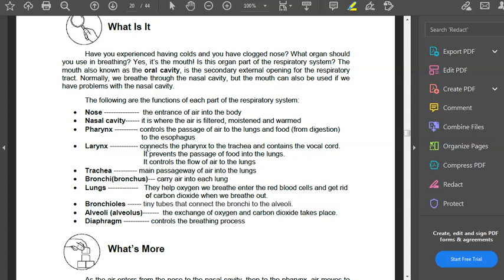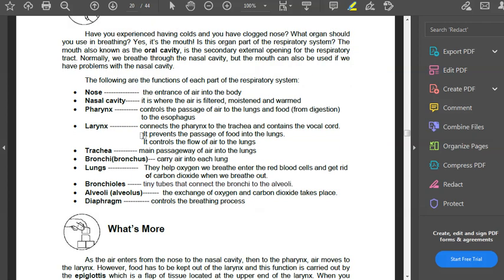Okay? Alright. And then of course, you have the pharynx, wherein the air enters. Fresh air enters our lungs. And then, actually, after that, it goes to the larynx. Okay. This connects the pharynx to the trachea and contains the vocal cord. It also prevents the passage of food into the lungs.